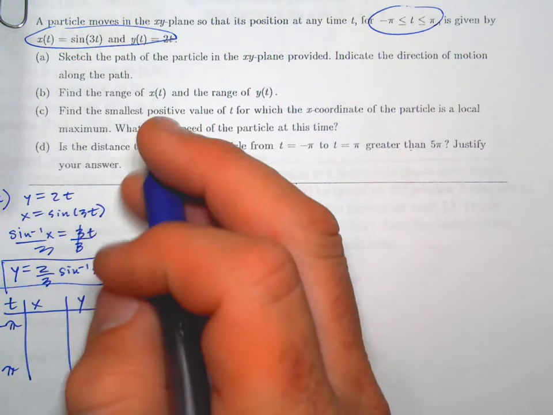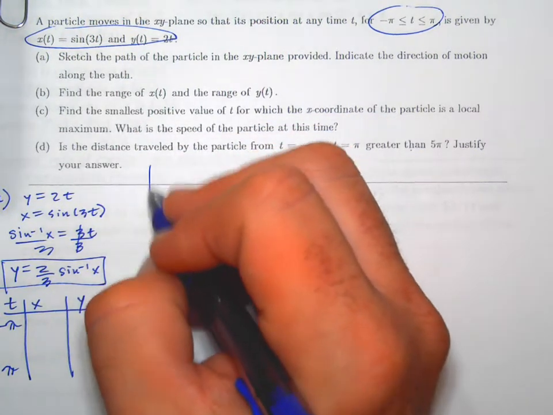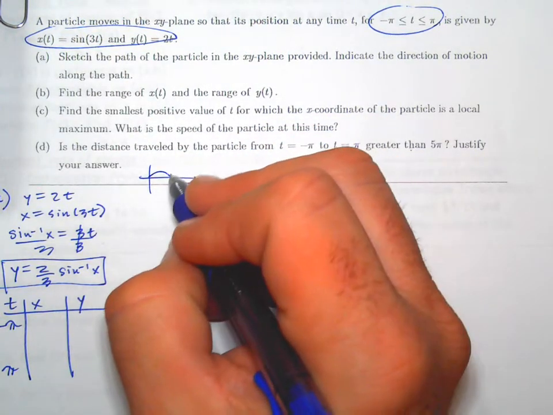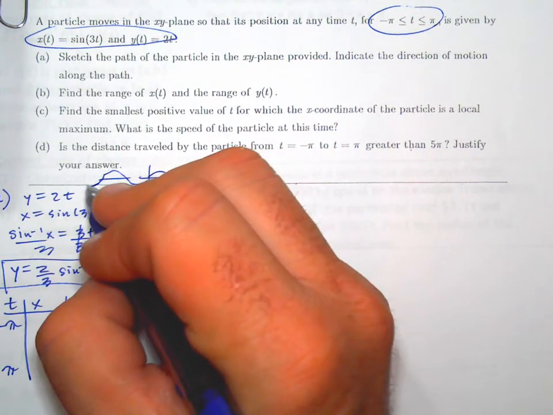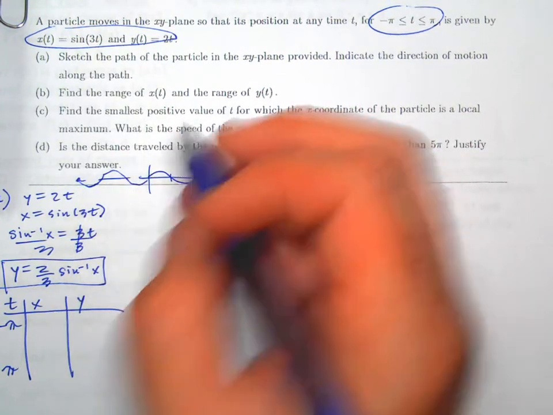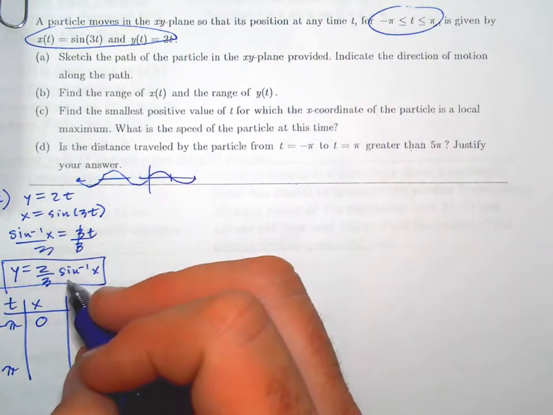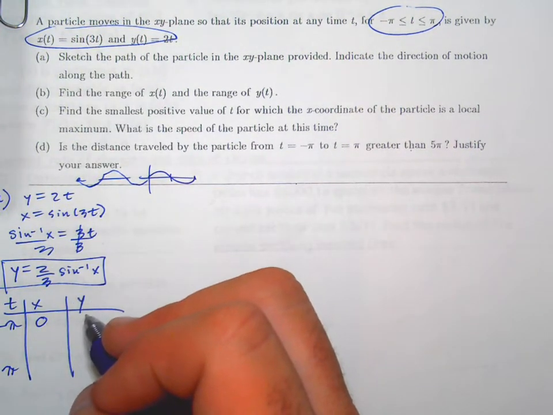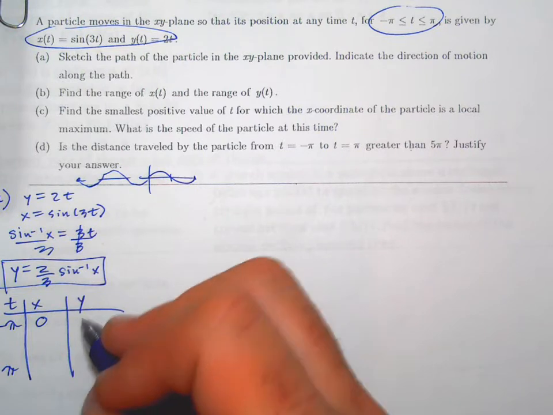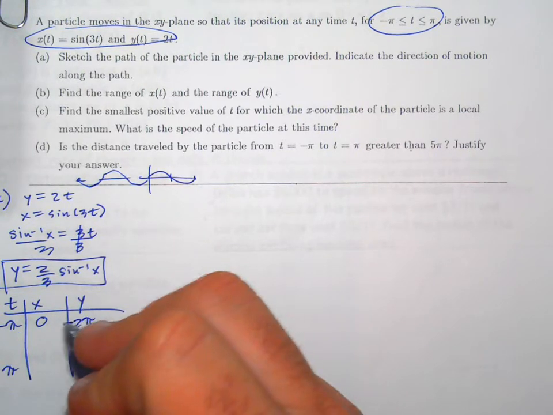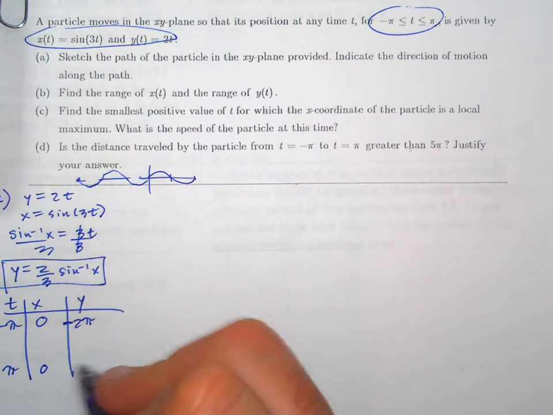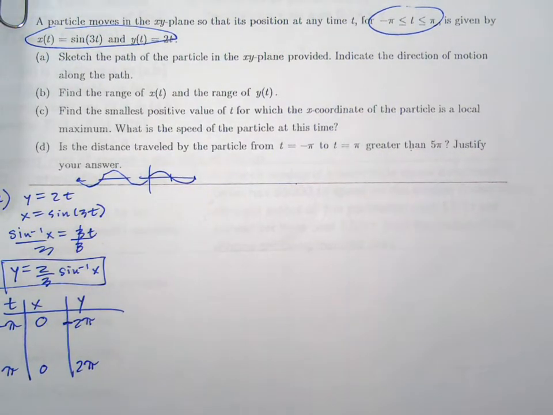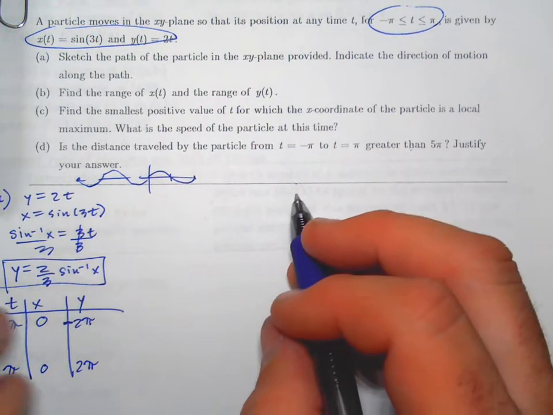You can just imagine the sine curve: pi, 2 pi, negative 2 pi. It's going to be 0, right? 0 for that, and negative 2 pi for the y coordinate. And then at pi, sine of 3 pi is 0, and you get 2 pi. Now the graph is going to be an inverse sine curve.